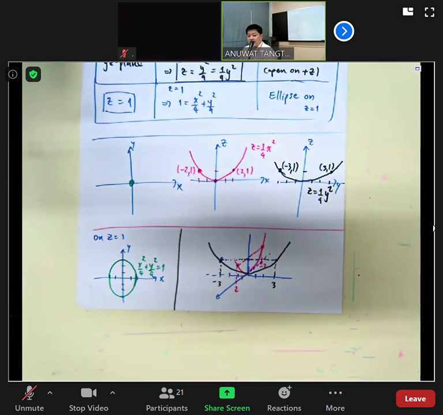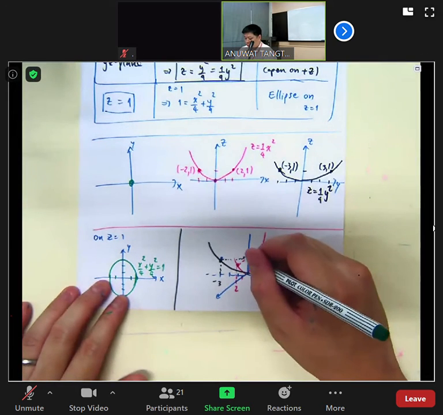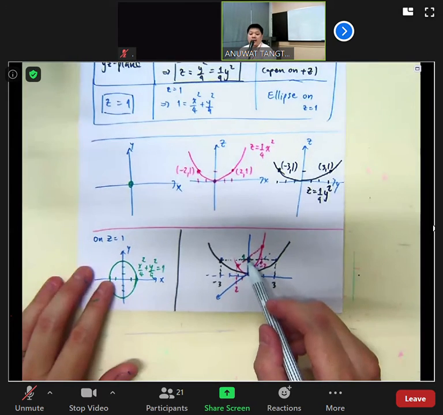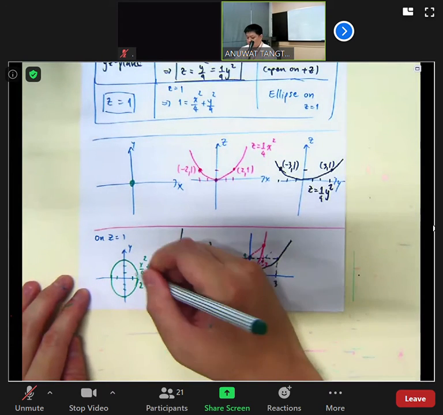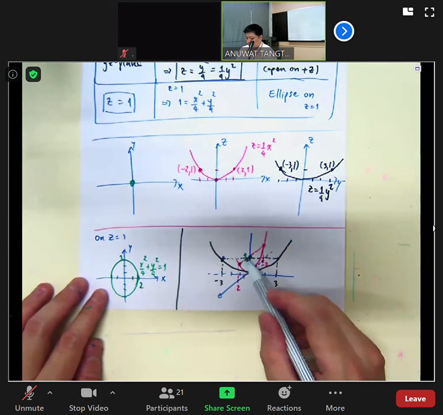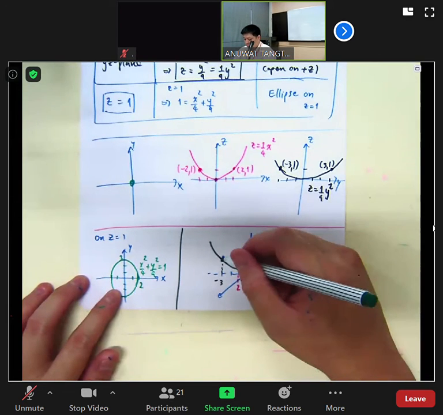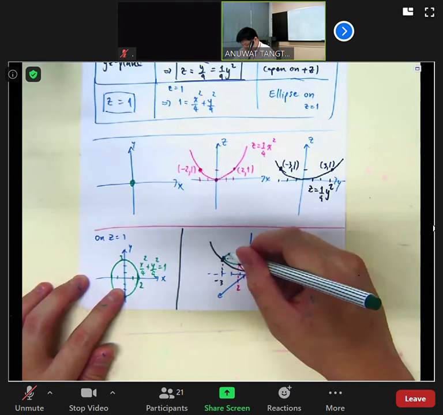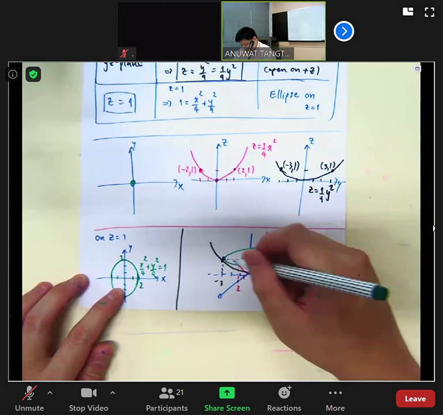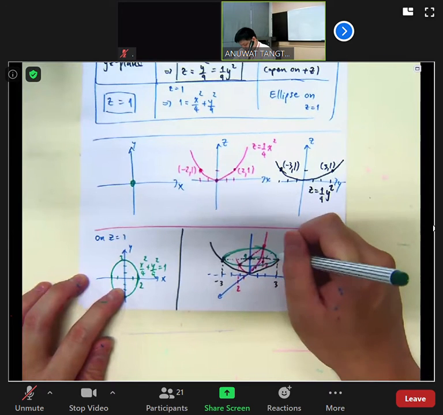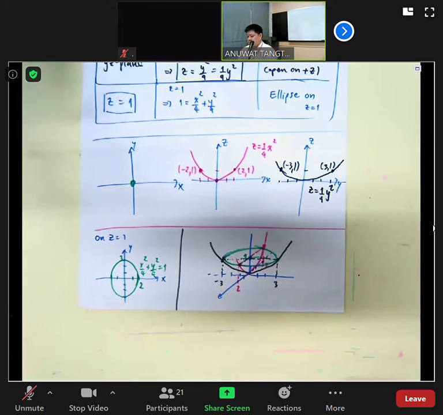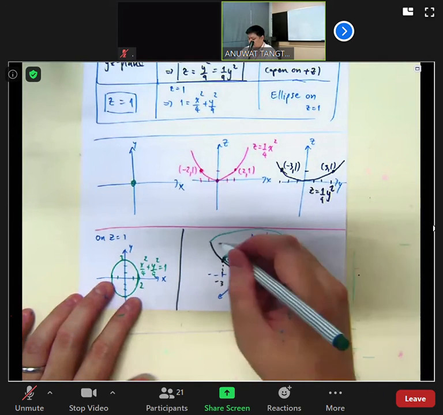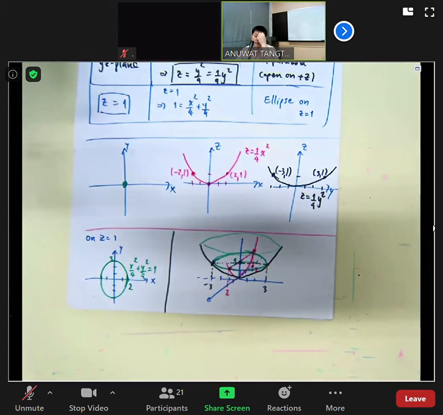And on the plane z equal to 1, we have the ellipse when the distance is 2 in one direction and 3 in the other. So this is 2 units, and this is 3 units. So we have got another ellipse, or we can even get a larger ellipse there. When z is larger and larger, then we would get a larger ellipse there.